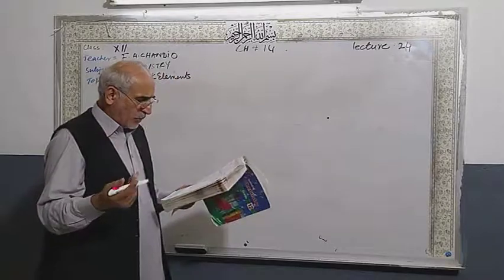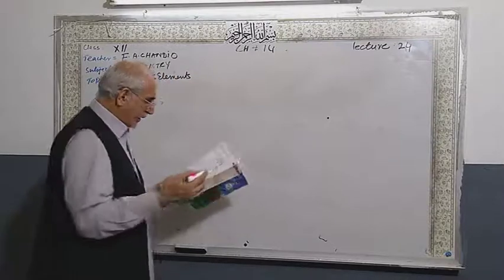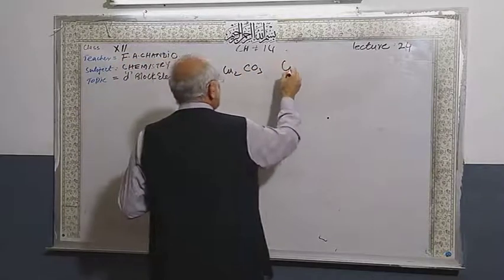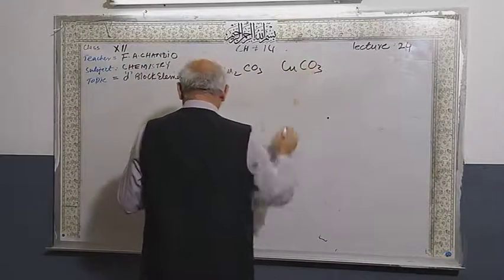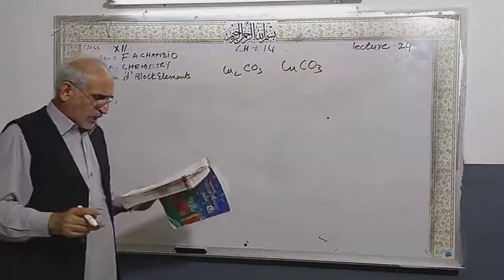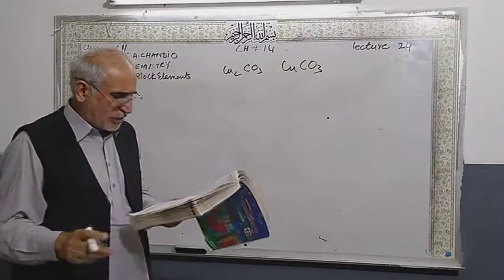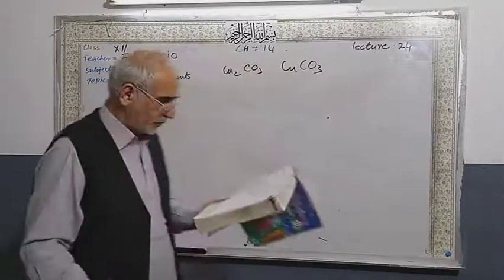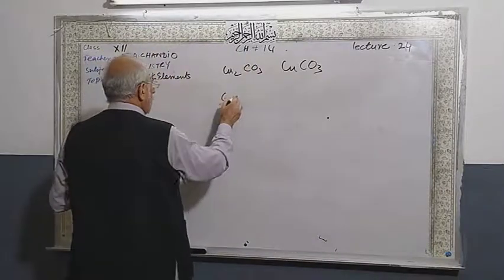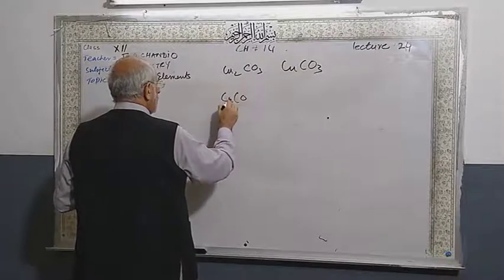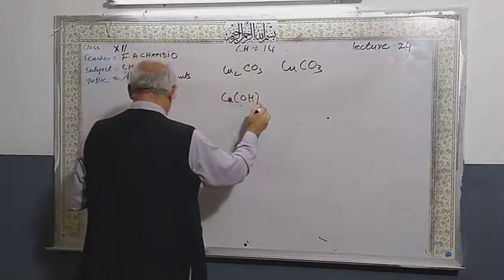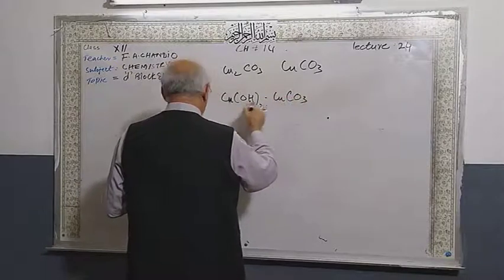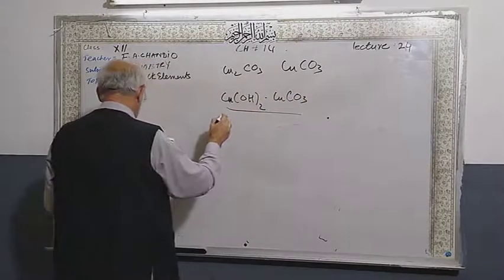The normal copper carbonate: this is the cuprous carbonate, and this is the cupric carbonate. Cuprous carbonate has not been isolated, but the basic cupric carbonates, such as malachite, copper hydroxide copper carbonate, are called malachite.